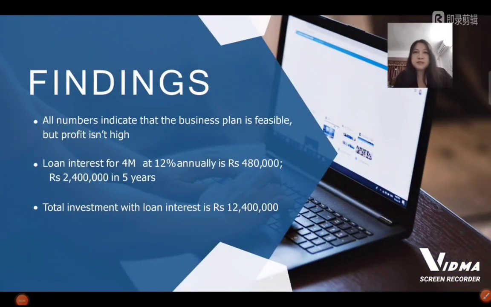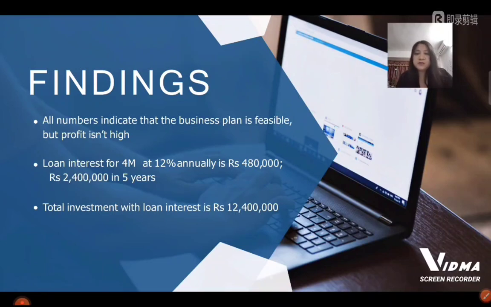Now let's summarize our findings. Based on our CVP analysis, all the numbers indicate that the business plan is feasible. However, it is not very profitable. Our profit is not very high. Remember that in order to put up this business, we need an initial 10 million rupees for investment. 6 million of that will come from the partners Sharma and Gupta.